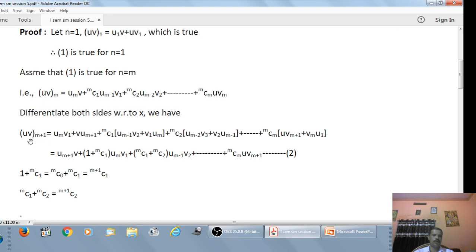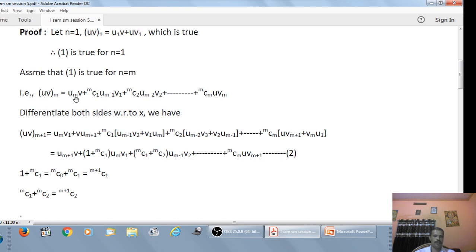The (m+1)th derivative of uv is equal to, use the product rule: first function u_m into the derivative of second, v1, plus second function v into the derivative of first. The derivative of the mth derivative is the (m+1)th derivative.